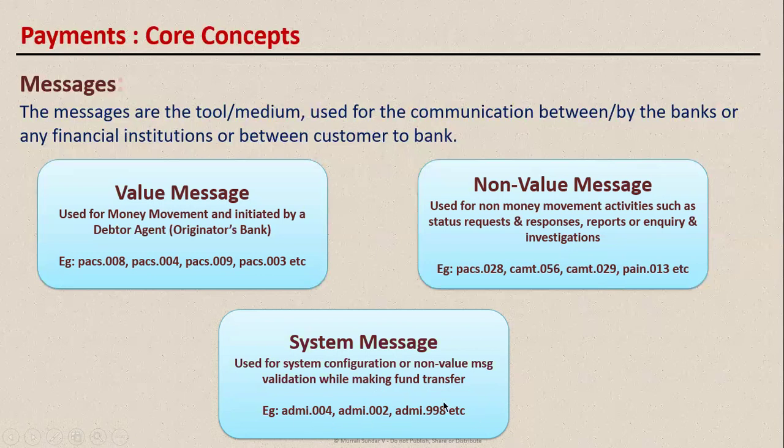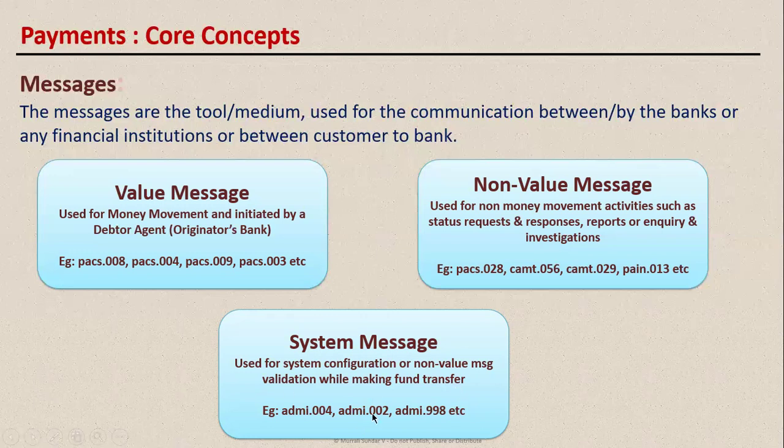These messages are used for setting up your system for initiating a payment, for validating your non-value messages, for broader communication, or for stating the status of a particular bank, whether it is up and running, ready to receive money, or under maintenance. All those things are communicated using system messages.